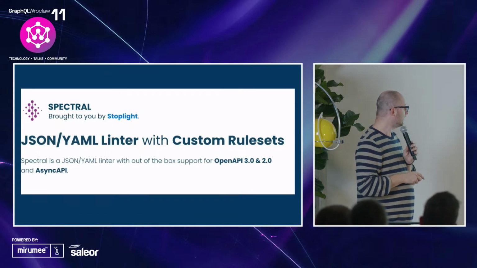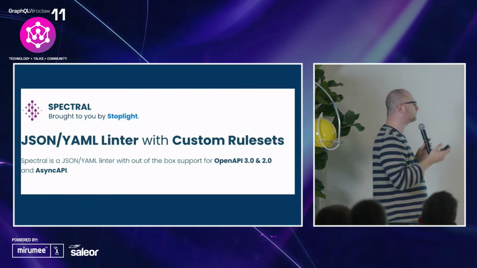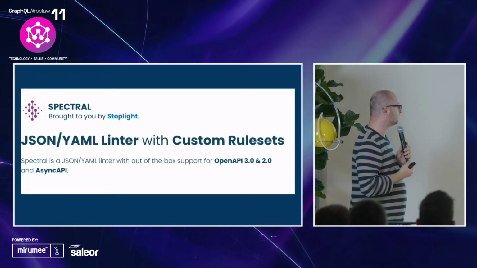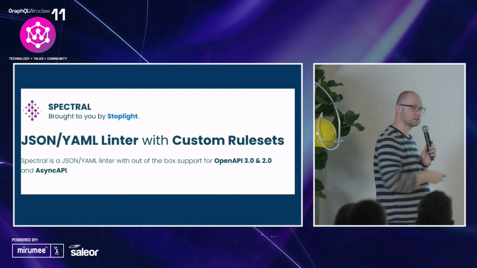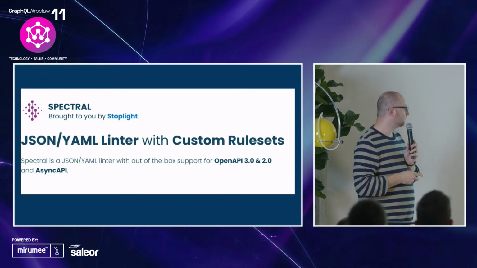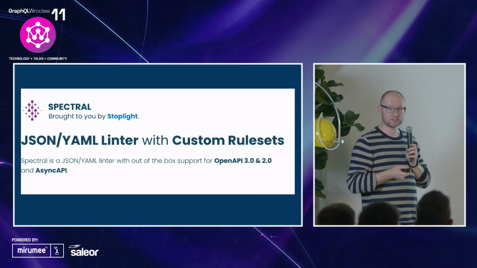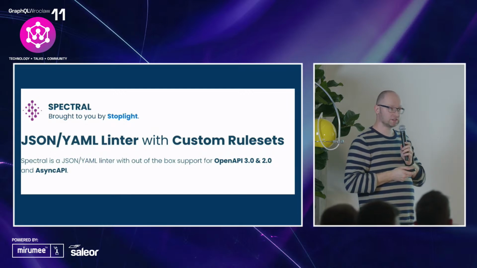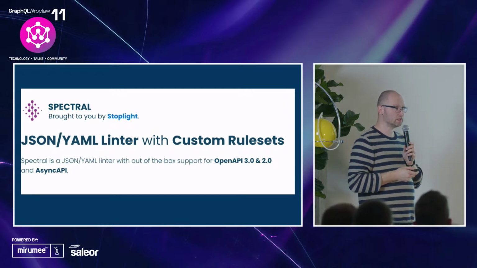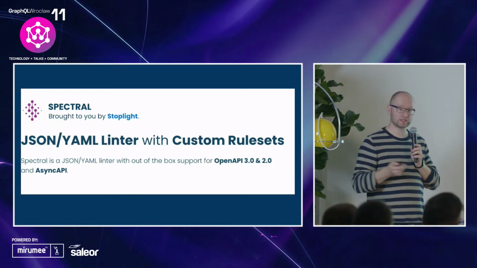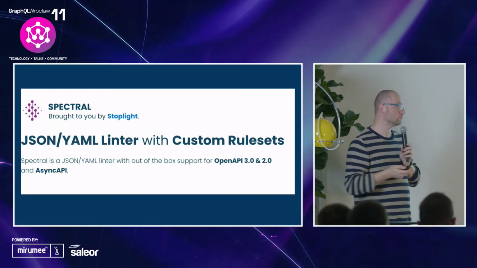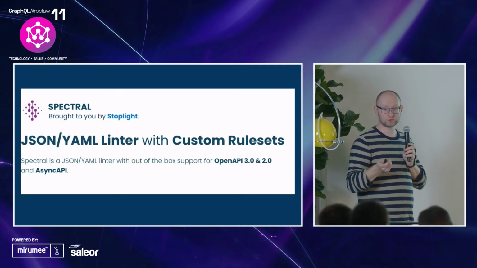And I'm doing another promotion. I'm not affiliated, but Spectral comes from the Stoplight company. It's open source, you can use it. Basically what it does is give you validation for your OpenAPI. It can check if your OpenAPI is valid, if you have the right examples, and you can even write your own rule sets.